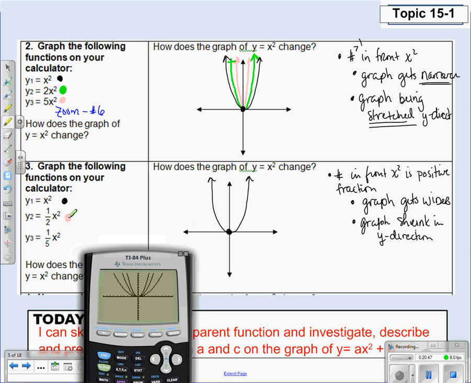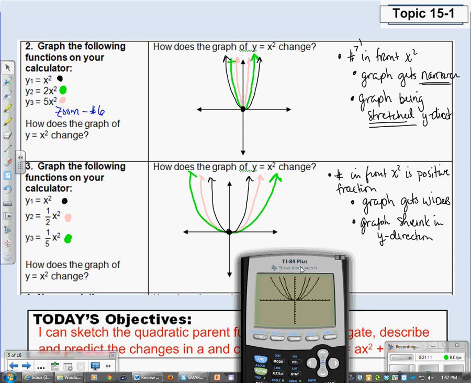So I'm using pink for my half of x squared, so it's a little bit wider. Then I'm choosing another color for the 1/5, and it was wider than both those other 2. Three graphs, 3 different colors, we can see the difference.